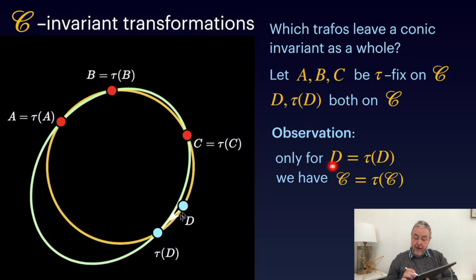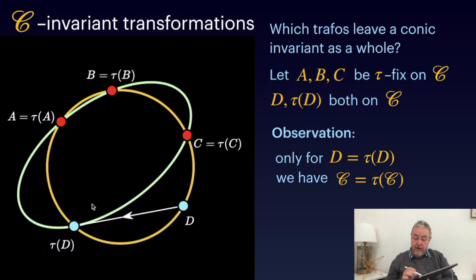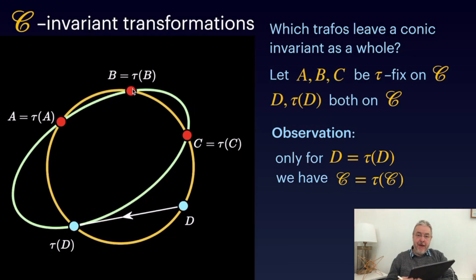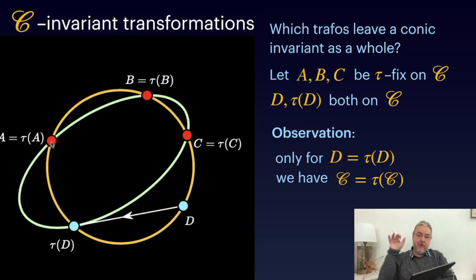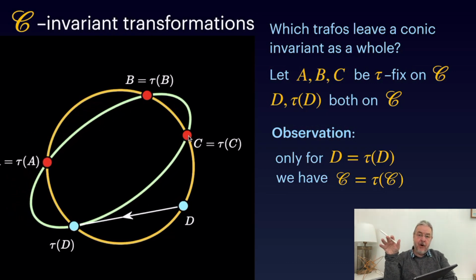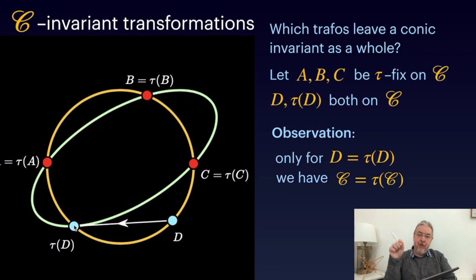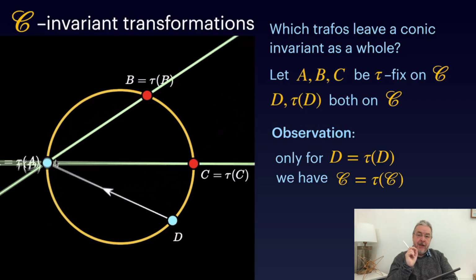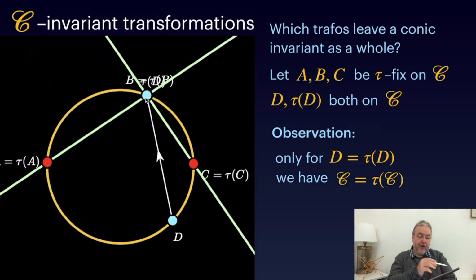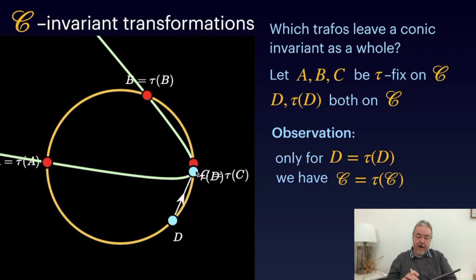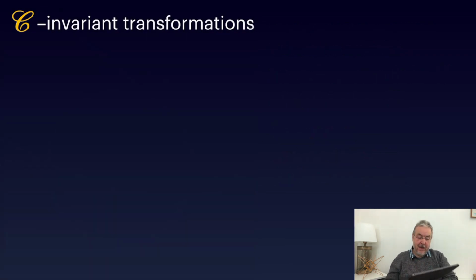Only if D and tau of D coincide, we have a mapping that maps C to itself. So what we will expect if we move 3 points to an arbitrary position on a conic, then for the fourth point, there will only be one position that maps C to itself, that is C invariant under that definition.